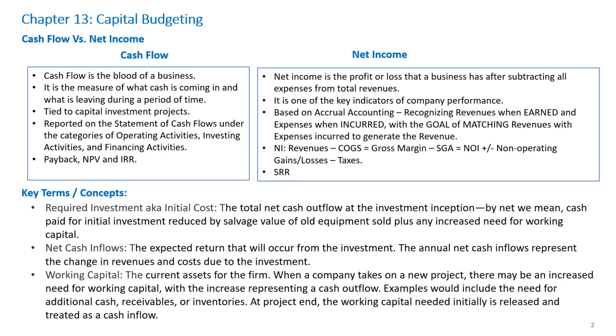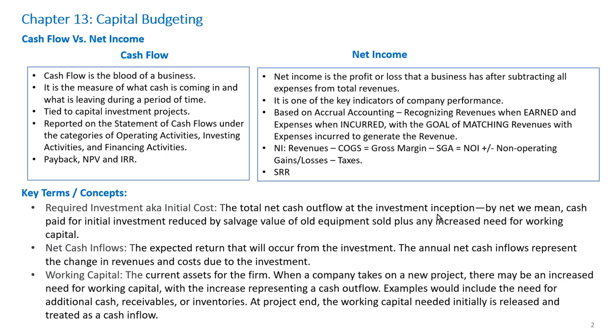Before crunching some numbers, let's make sure that you understand what is meant by required investment or initial cost, cash inflows, and working capital. The initial cost, also known as required investment, is the total cash outflow at the investment inception.